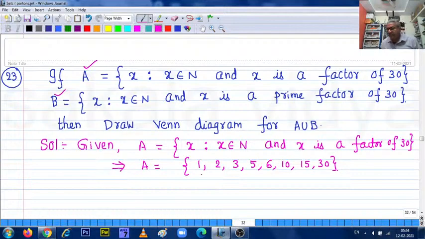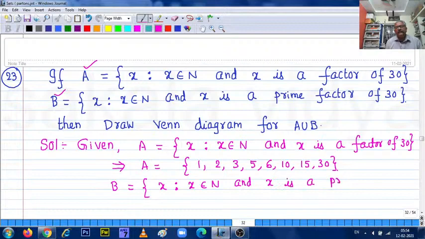This is roster form. And we have B equals x such that x belongs to N and x is a prime factor of 30.